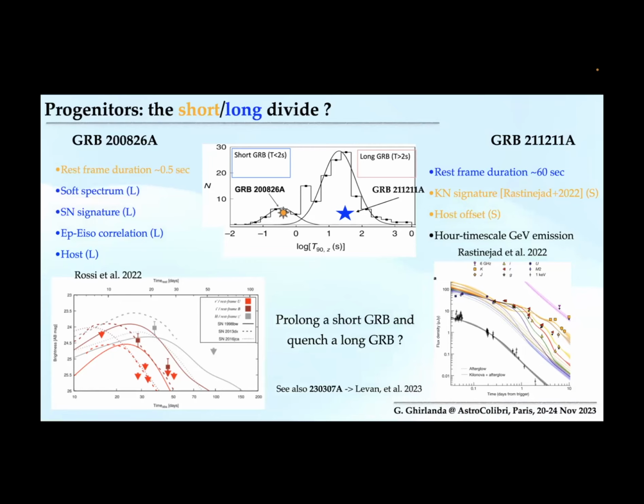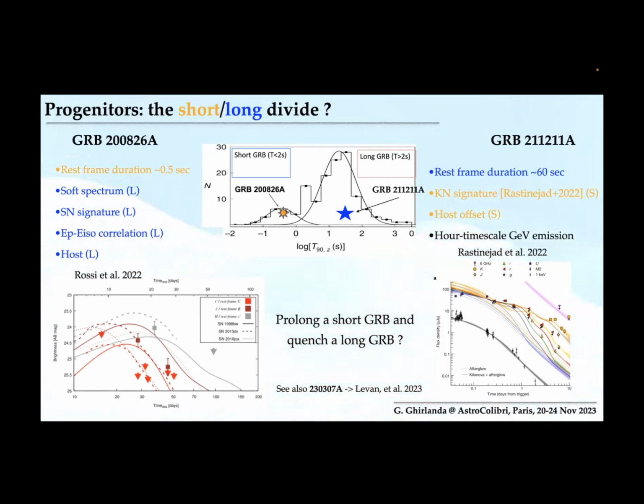Most notably, there is in this event, in the optical light curve, the appearance of a bump at about 30 days, which is brighter than the typical kilonova that we would expect if this were a short GRB, and it evolves slower than the typical kilonova evolution.